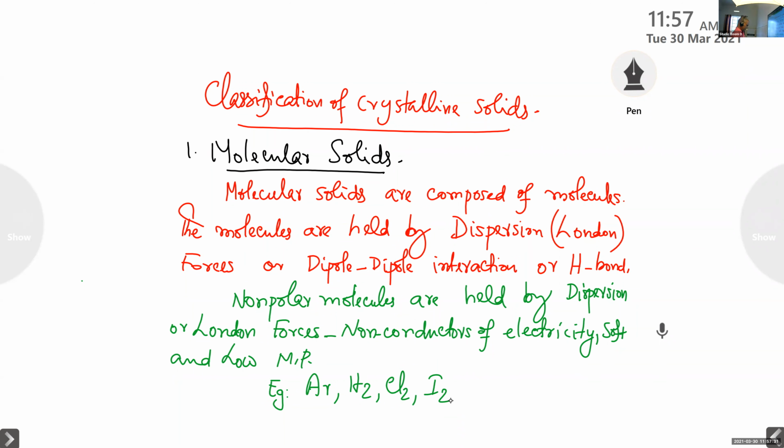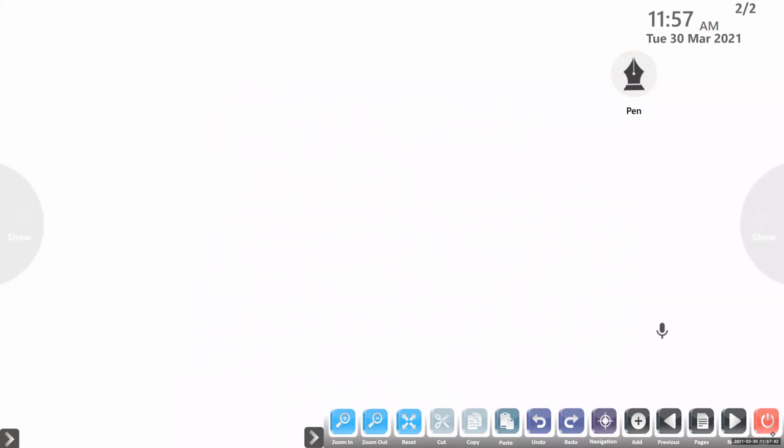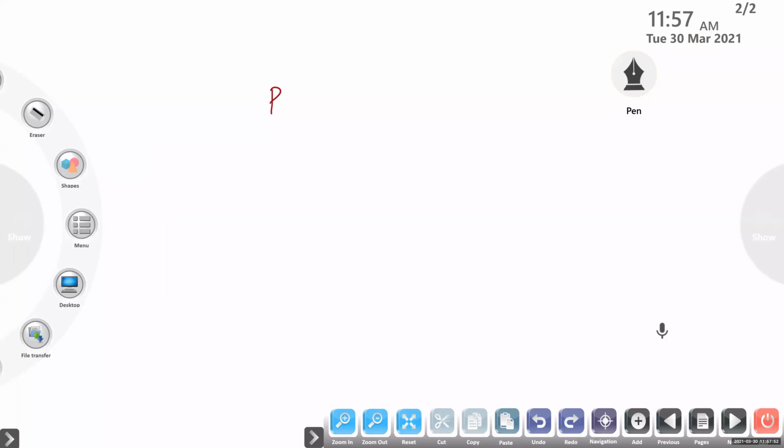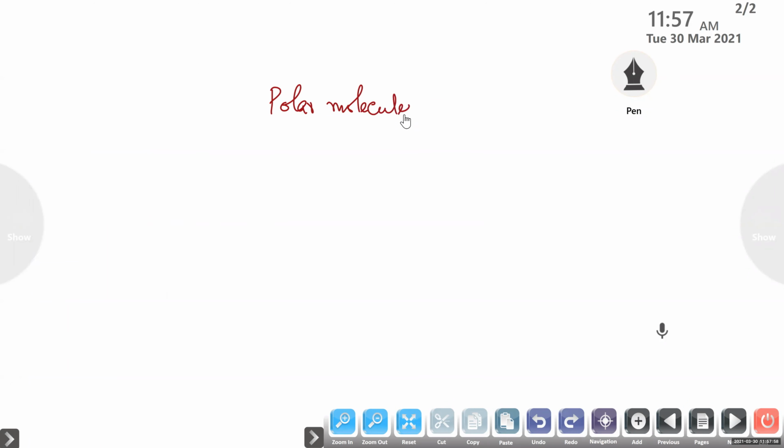Okay. Next para you write. Polar molecules are held by dipole-dipole interaction.